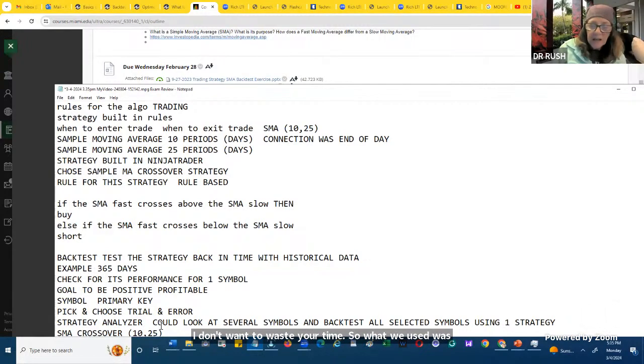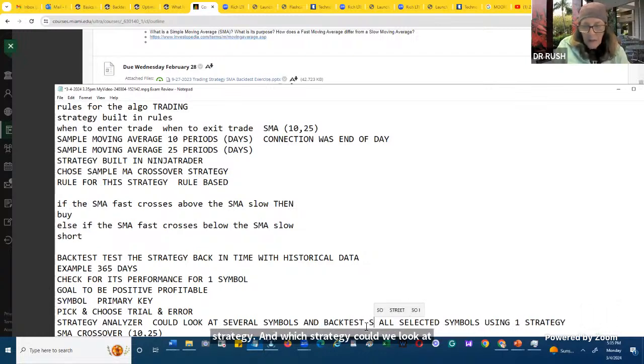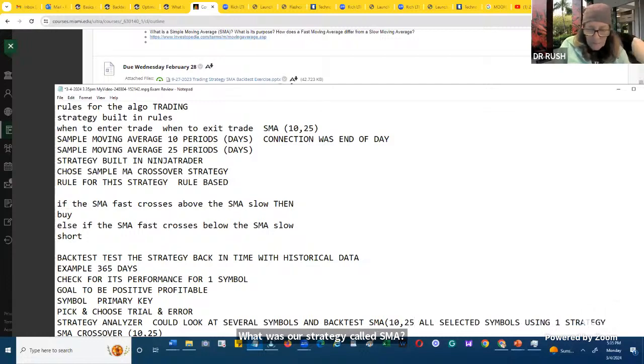Under strategy analyzers, we could look at several symbols and backtest. What does that mean? Look at a certain strategy. And which strategy could we look at? What was our strategy called? SMA 10 25. And that was built into NinjaTrader having these rules.